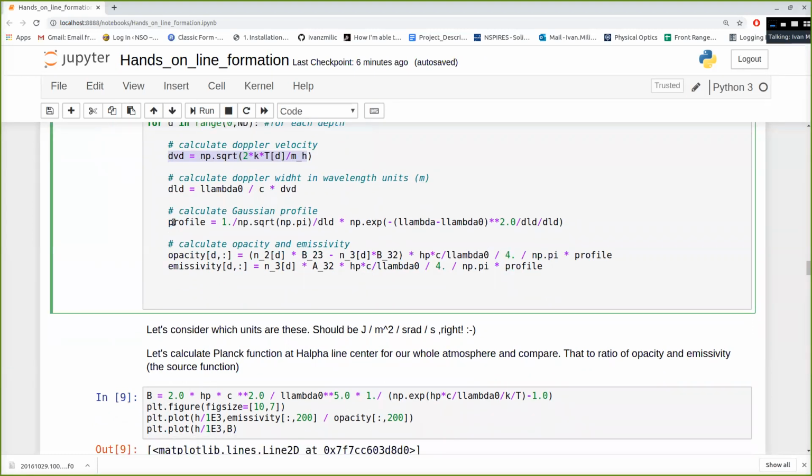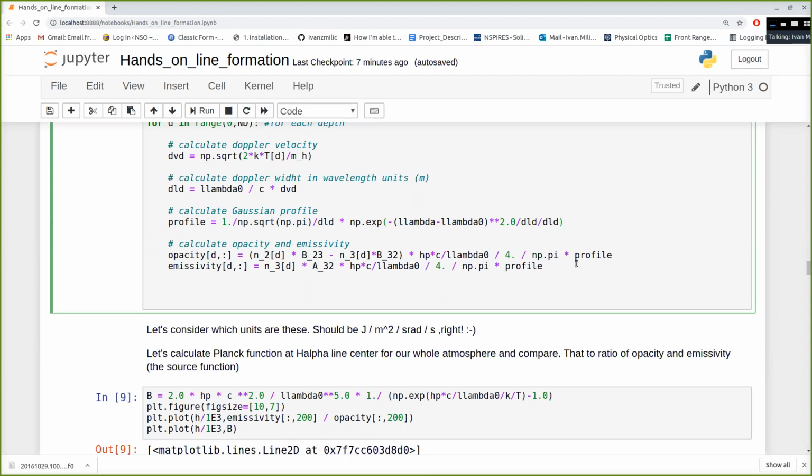And then I can calculate the profile as a simple Gaussian. We know that a Gaussian is 1 over square root of pi times sigma, e to the minus x squared divided by sigma squared. So x for me is lambda minus lambda 0, and this is the profile.